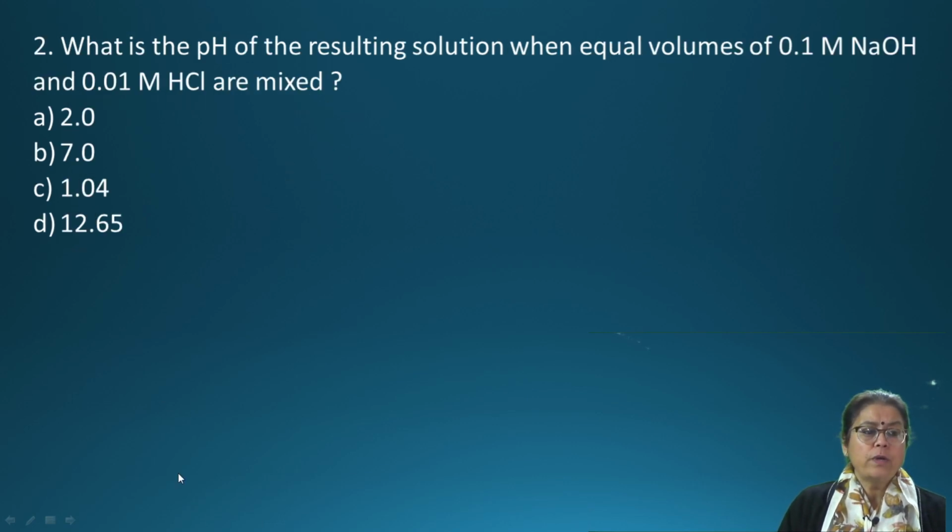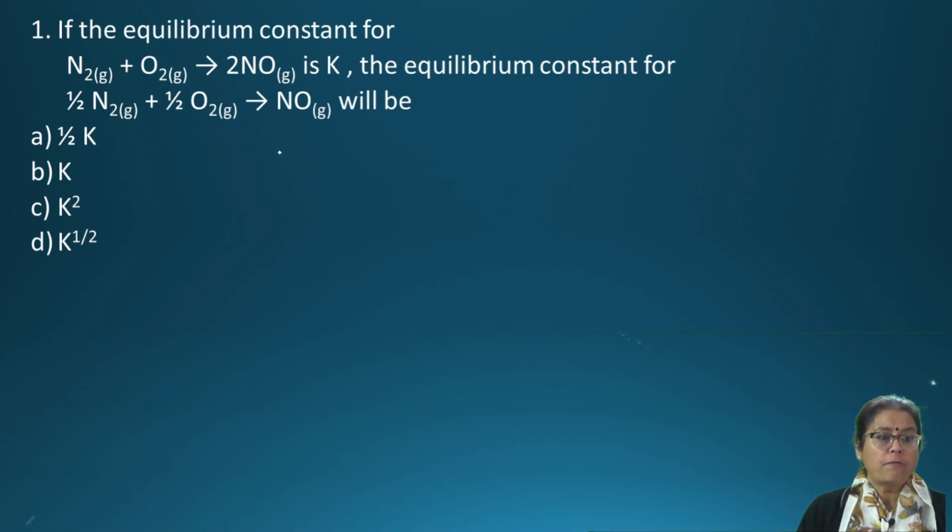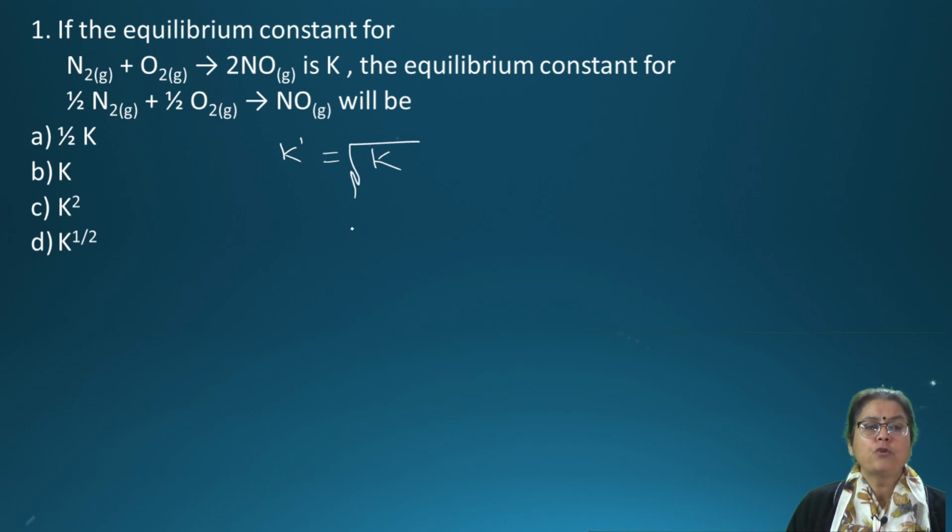The new equilibrium constant K dash over here that will become equal to under root of K, because आप reaction को क्या कर रहे हो, you are dividing the reaction by 2, therefore under root of K that is going to be our new equilibrium constant, or this can also be written as K raised to power 1 by 2. Correct option over here is going to be D.